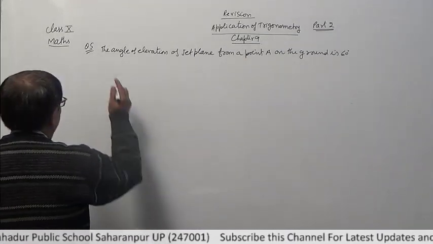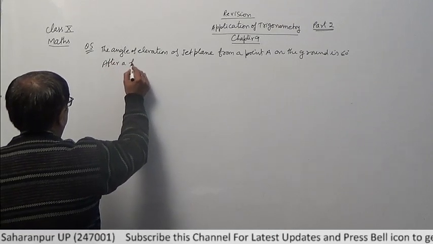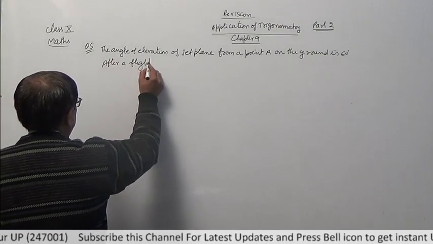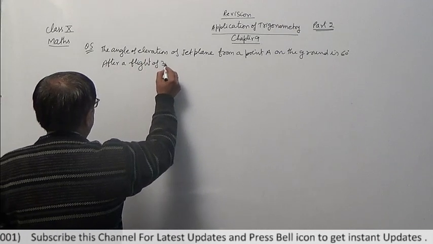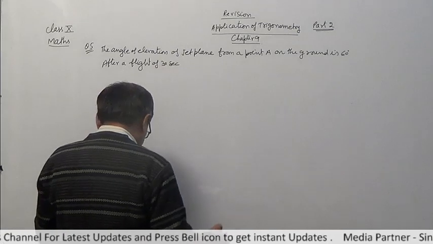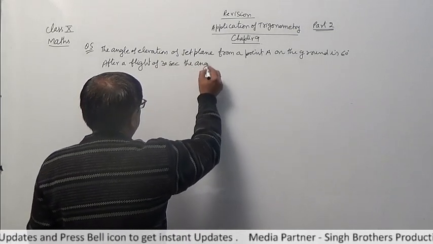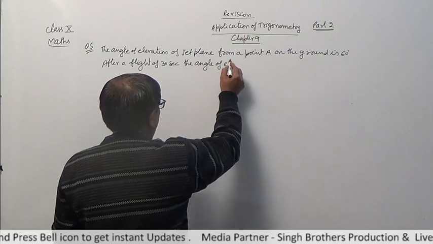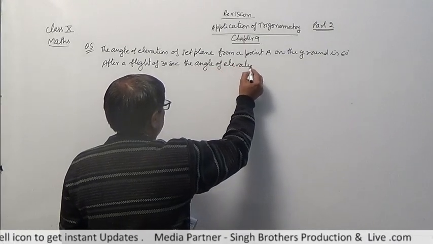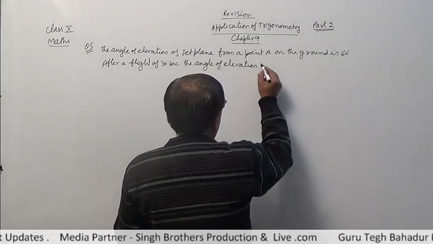After a flight of 30 seconds, the angle of elevation changes to 30 degree.